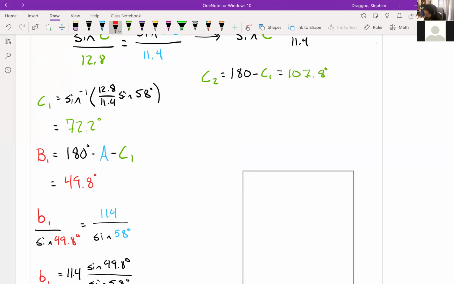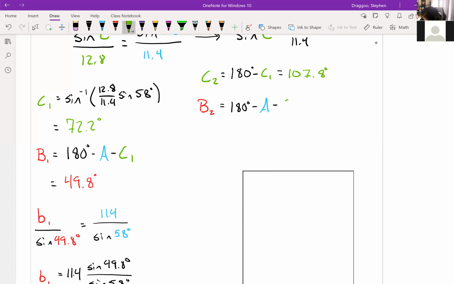With that in mind, we now start the whole process over, and we solve for angle B2 and side B2 the same way that we solved for angle B1 and side B1, but we're going to substitute this angle C2 in instead. So angle B2 is going to be 180 degrees minus A. So we always have to come back to A. That's the given information.